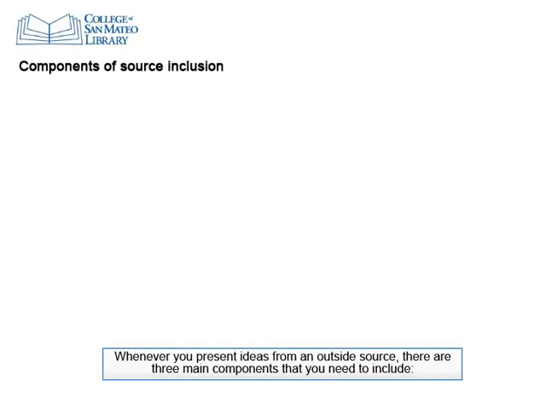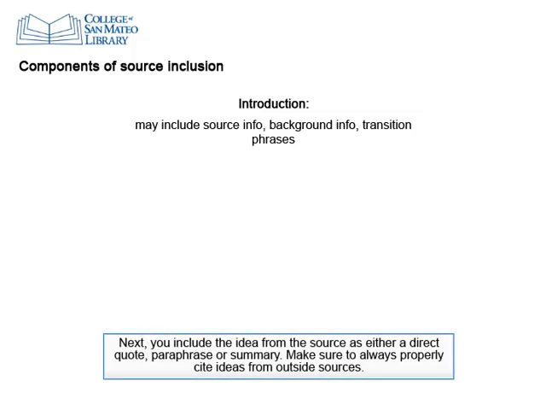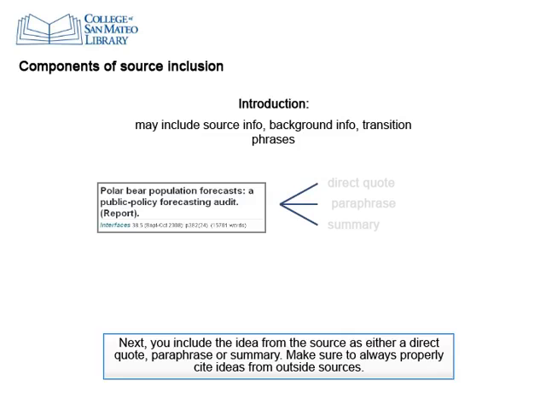Whenever you present ideas from an outside source, there are three main components that you need to include. First, provide an introduction. The introduction is a way for you to set up the information that you'll be presenting from the outside source. Next, you include the ideas from the source as either a direct quote, a paraphrase, or a summary.